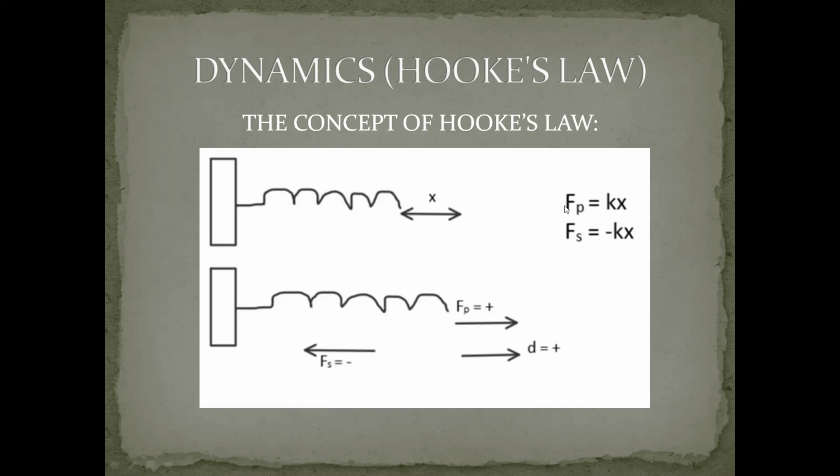That's why one of the formulas for dynamics or Hooke's law is Fp is equals to kx, wherein k is equals to the spring constant. So I'll talk about spring constant later on. And we also have here Fs or the restoring force. Restoring force comes in when you let go of the spring. So, di ba, yung spring, turns back into its original form and length.